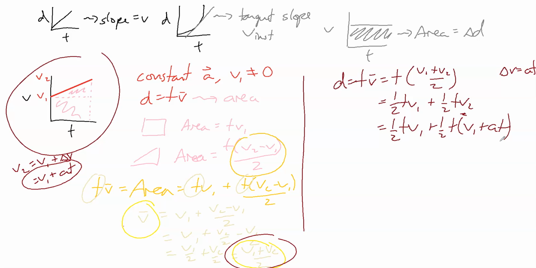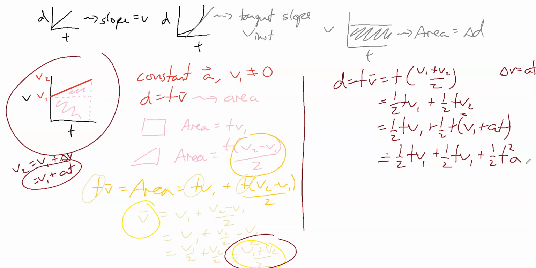I'm going to get rid of those brackets. And this can stay the same, 1/2 t v1. I'm going to multiply with the brackets. So I'd have 1/2 t v1 plus 1/2 t squared times a. So I got something that looks like this. Now I have a 1/2 t v1 plus 1/2 t v1.